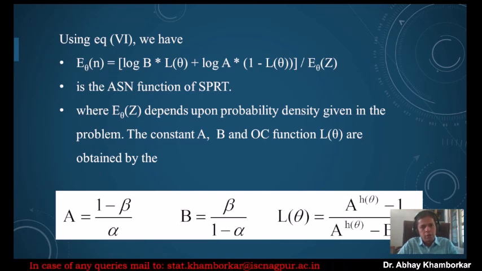The constants a, b and OC function, that is L theta, are obtained by our expressions for a, b and L of theta shown on the screen. So this expression, that is expectation of n, equal to log b into L of theta plus log a into 1 minus L of theta divided by expectation of z, is the ASN function of the SPRT.